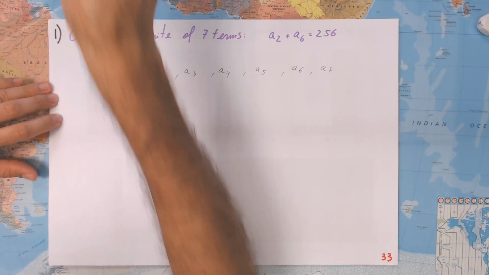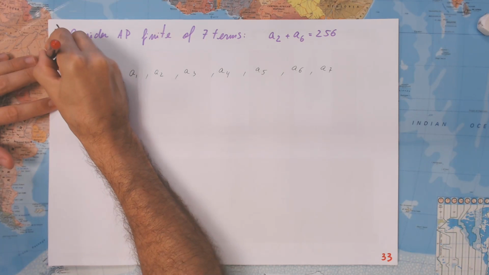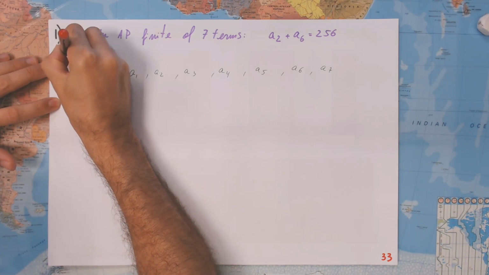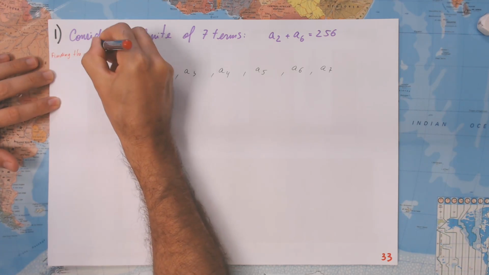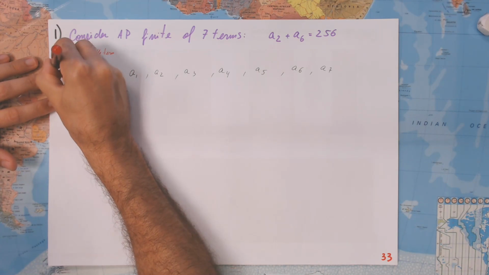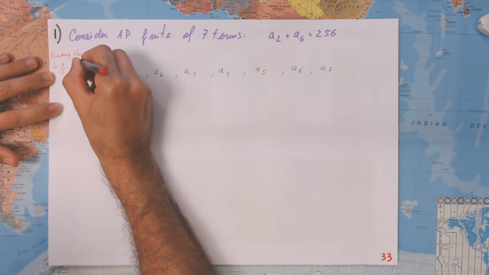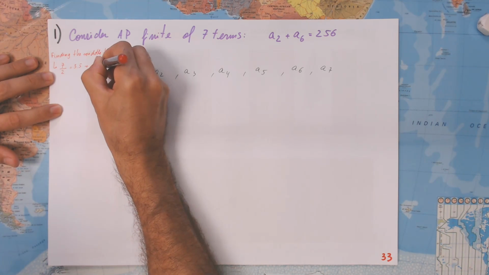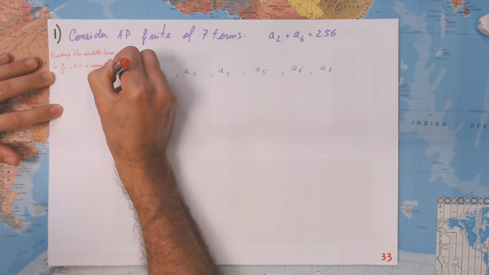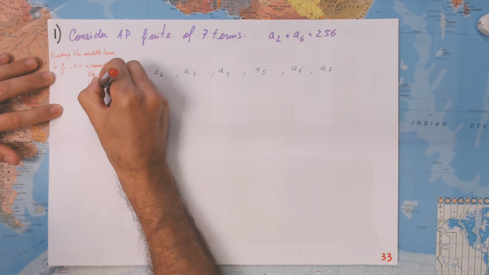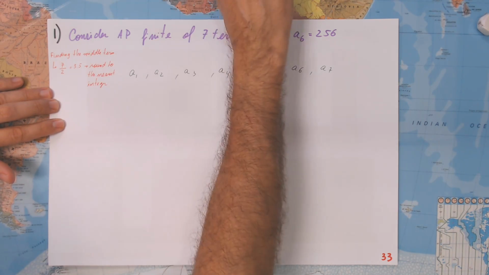Finding the middle term. Remember, we just take 7 divided by 2 and we have 3.5, and round to the nearest integer, and in this case it's going to be what? 4, right?